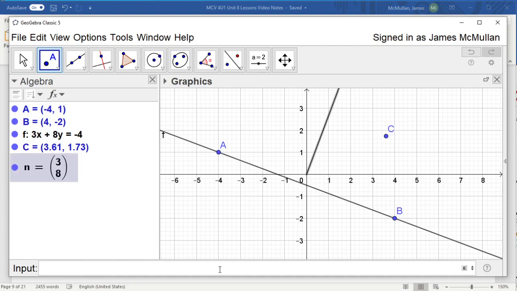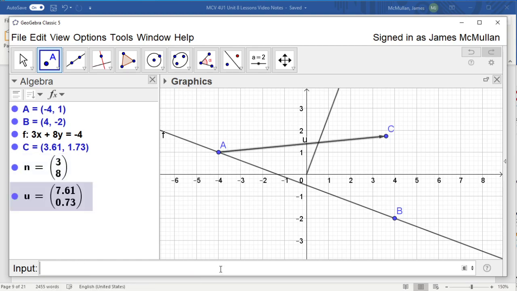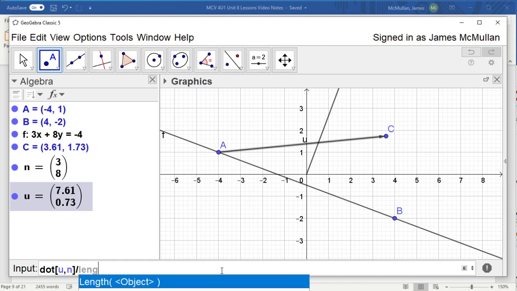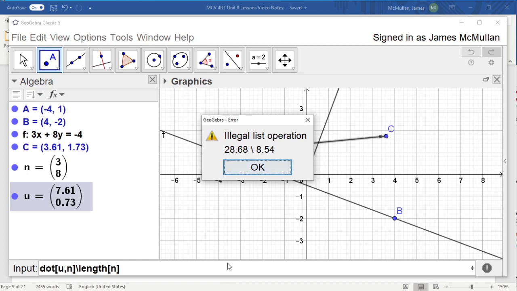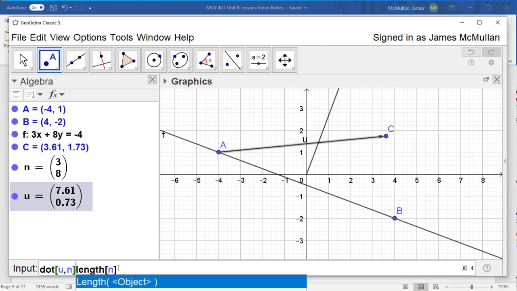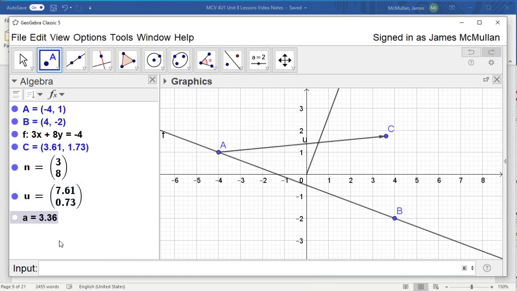So now what I need to do is make a vector A to C, and it's called U. And then what I want to do is dot U and N divided by the length. No, sorry, I'm mixing this up now. Divided by the length of the normal. Okay, I get 3.36.